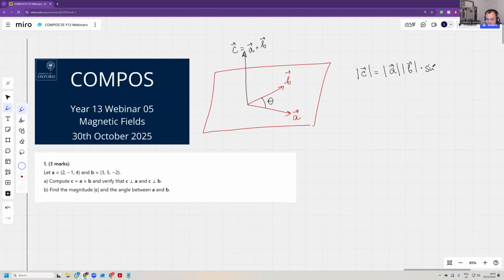In a way, it is similar to the scalar product, but instead of cos, you have sine.